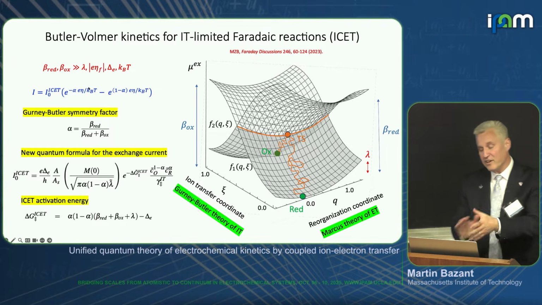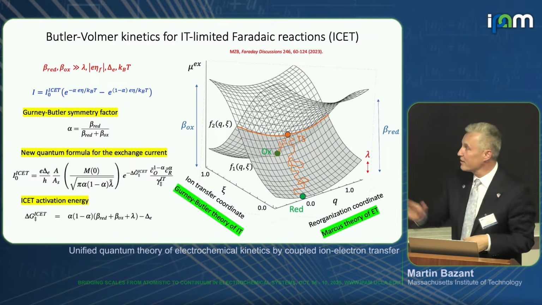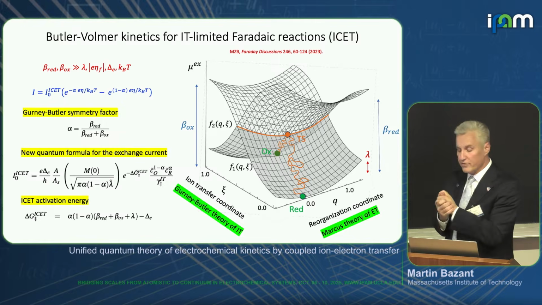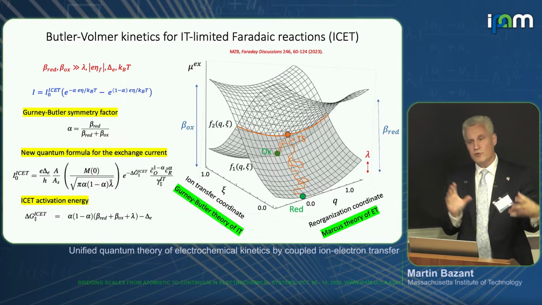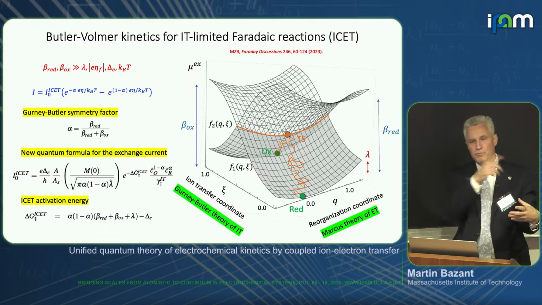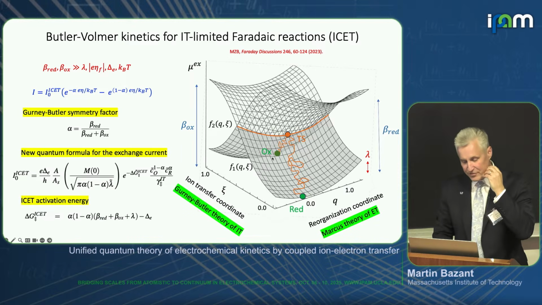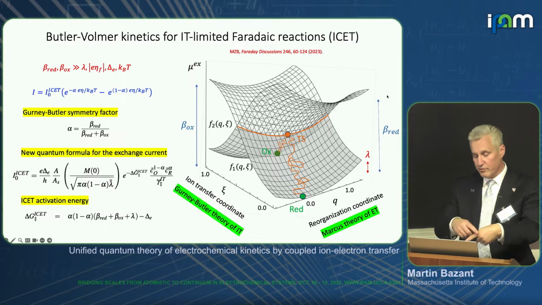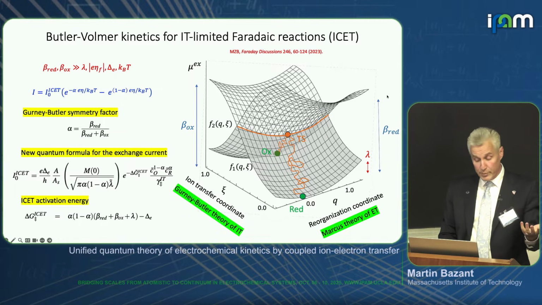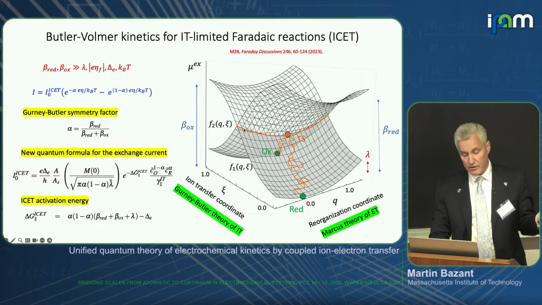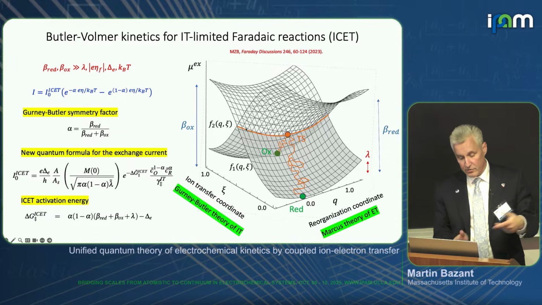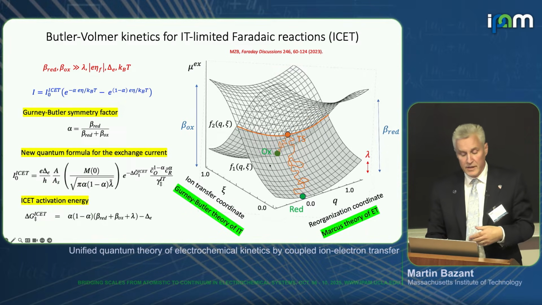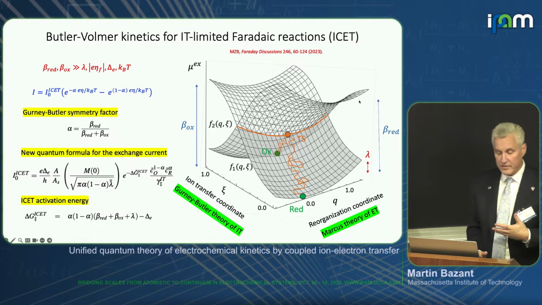But what I was most excited about in this particular work was realizing that the Butler-Volmer equation is in here too, and it goes back to Gurney and Butler. If now we say that the betas, for reduction and oxidation, those free energies of ion transfer, are bigger than lambda, then the parabolas in the electron transfer direction are small, and the energy landscapes look like this.